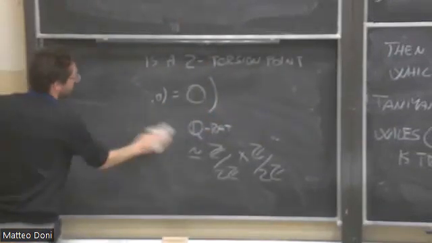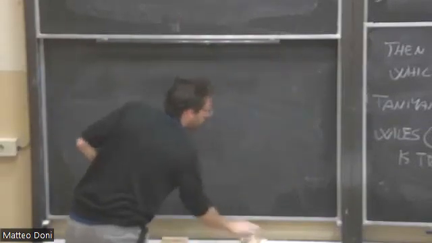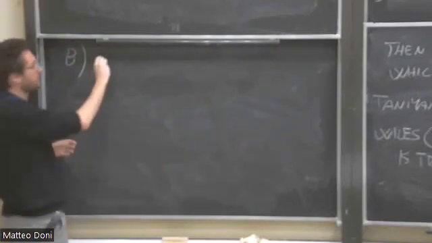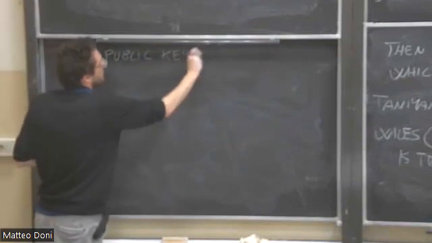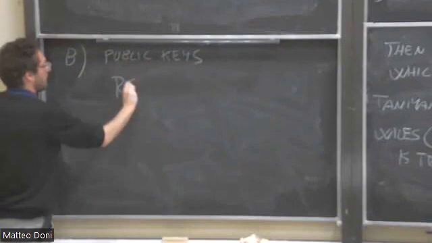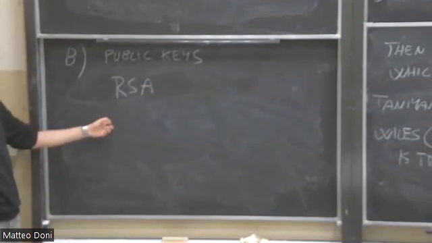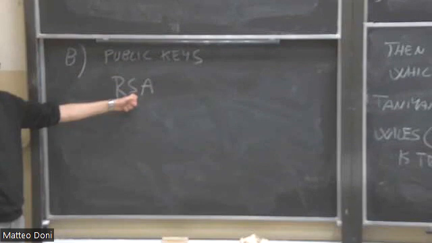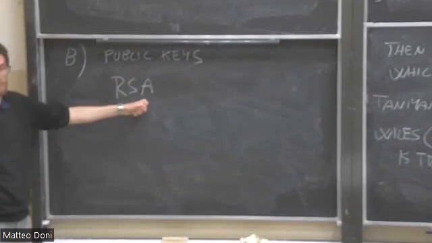And the second application is, you probably heard about public key systems, like the most famous one, the so-called RSA public key system in cryptography, from Adleman, Shamir, and Rivest.